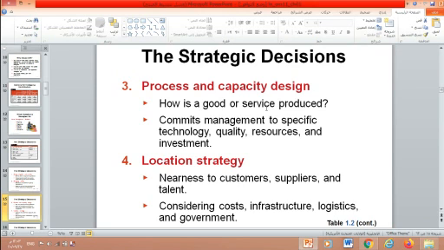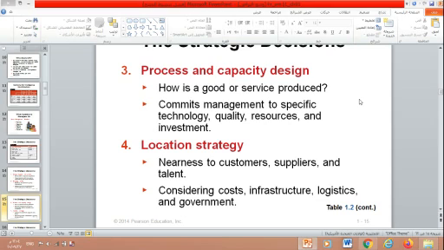Commit management to specific technology, quality, resources, and investments. So we are talking here about the tools, the ways, the technologies, the quality, the resources, whether human resources or other resources, and the investment needed in order to transform the input into the output.